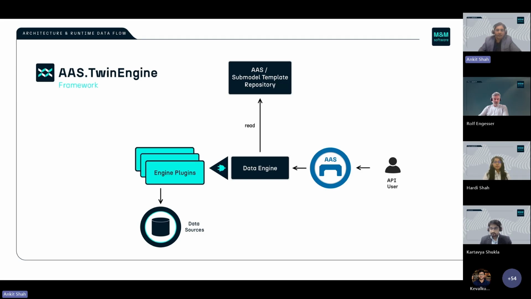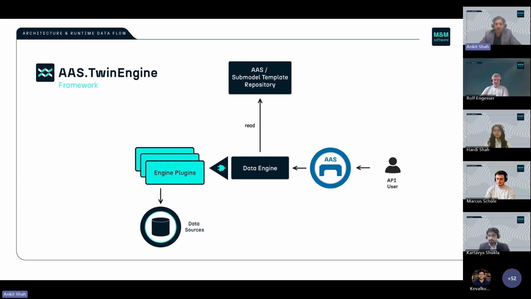Now, going further in the diagram, on the left-hand side we have the plugin and data sources. The plugin is responsible for handling data engine requests and getting the user data from the data source. The important point here is that the data source is owned by the actual business owners or users.